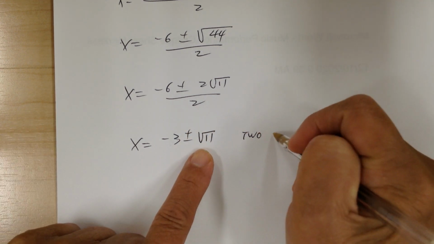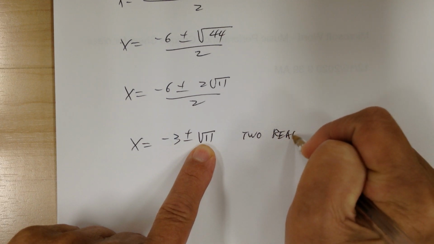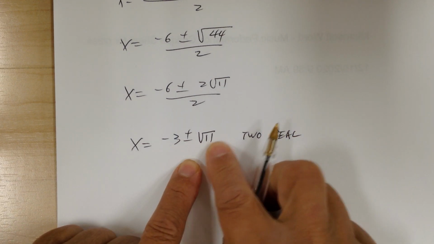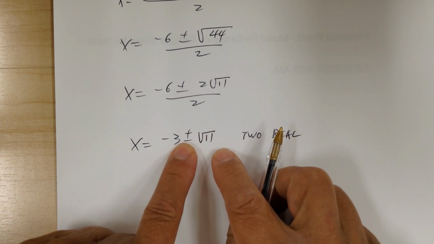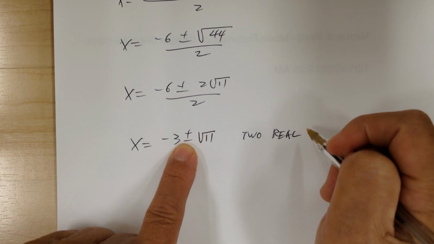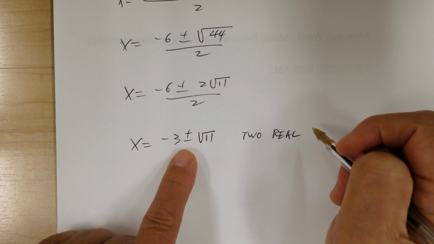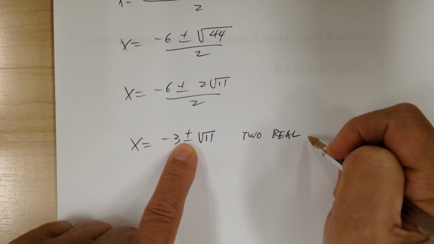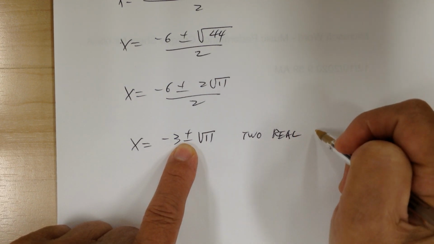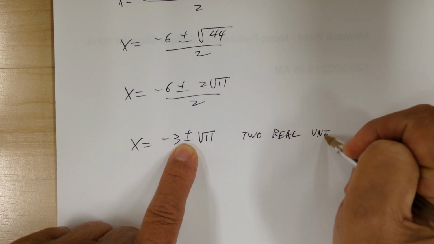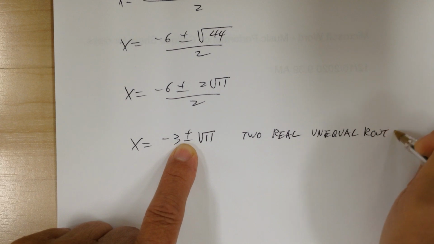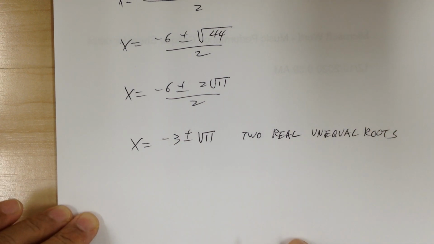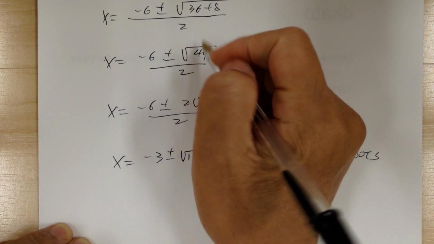You're going to get 2 because of plus or minus. And you get real because this is the square root, so it's a real number, and it's unequal because it's a plus or minus. So two real unequal roots. And the way you're going to do it is by just looking at the inside.